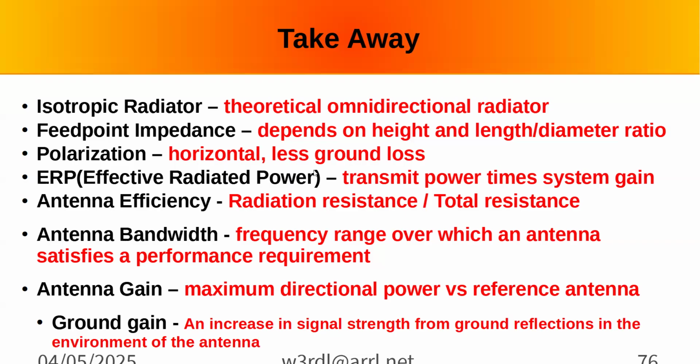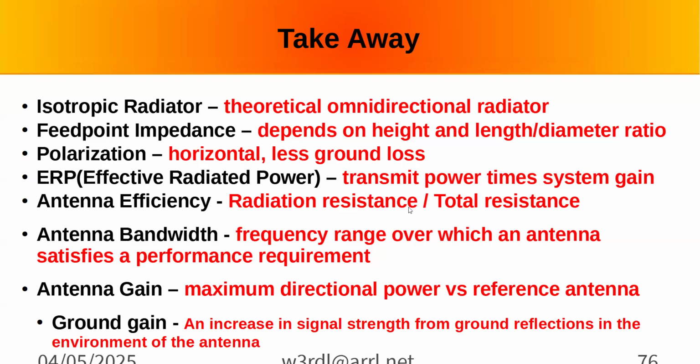We talked about polarization, ERP, which is basically the power times the total system gain. Efficiency, which is radiation resistance divided by the total resistance. The bandwidth, typically they use 2:1 as the performance criteria.